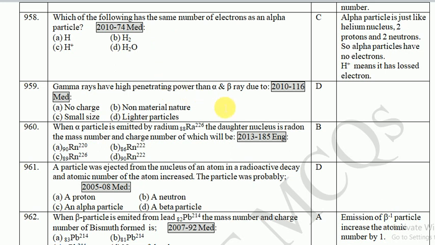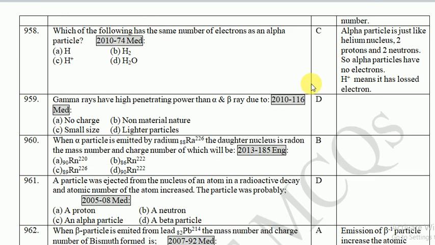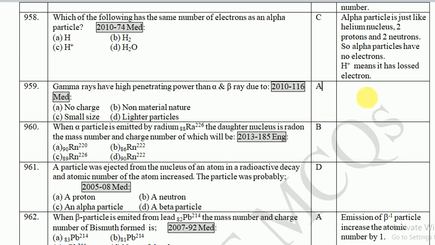Gamma rays have higher penetrating power than alpha and beta due to no charge, no material nature, small size, lighter particle. So option D is wrong, option A is correct.